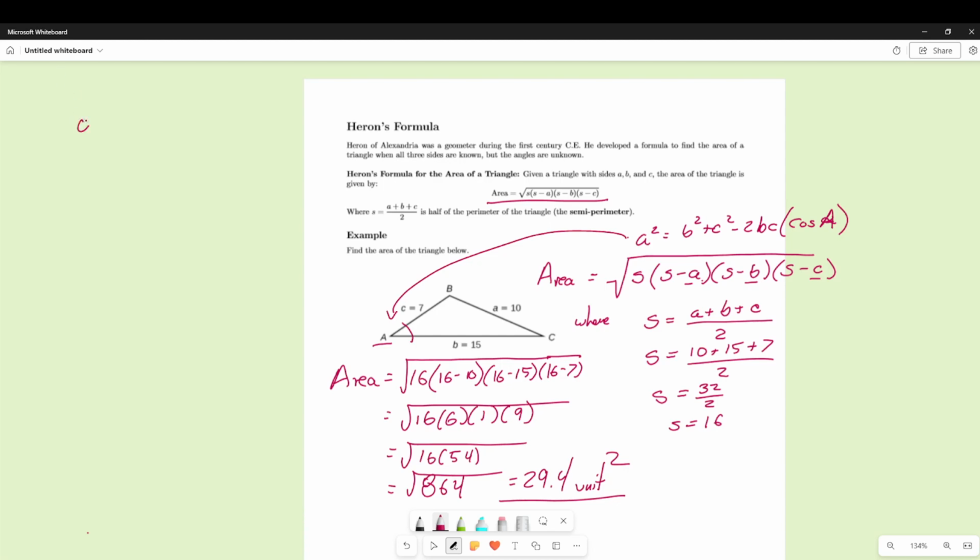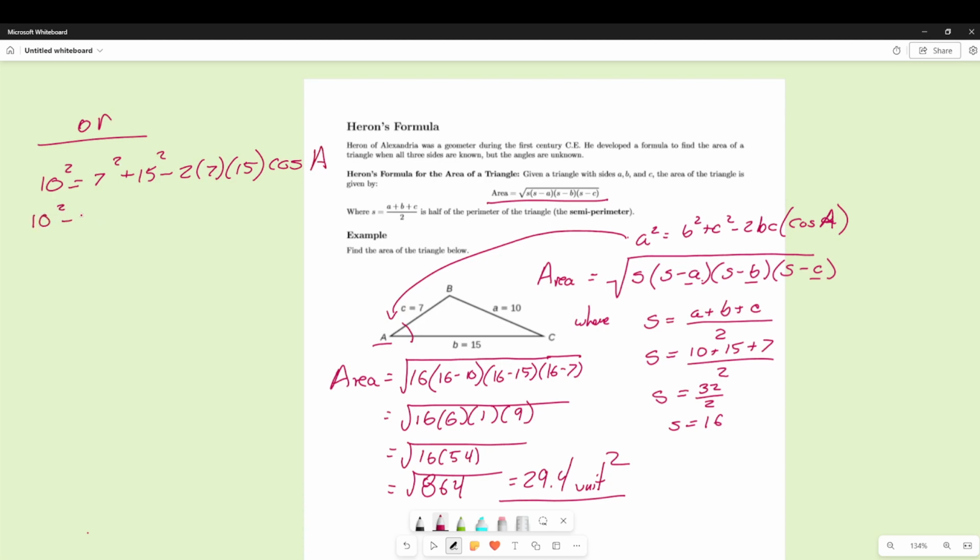we should probably do that just as an example. Or we could have done 10 squared equals 7 squared plus 15 squared minus 2 times 7 times 15 times the cosine of that angle.